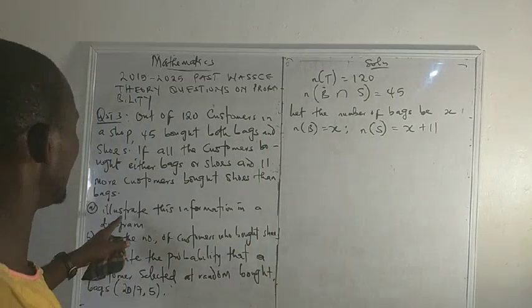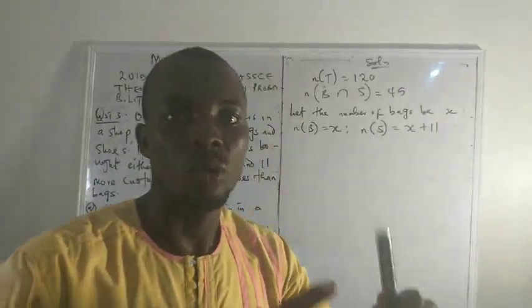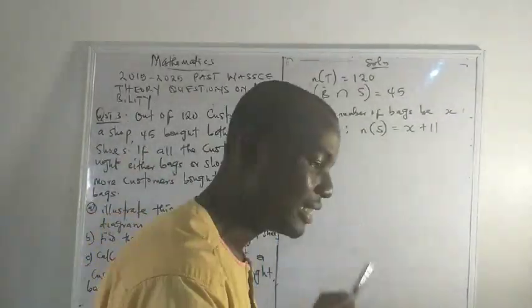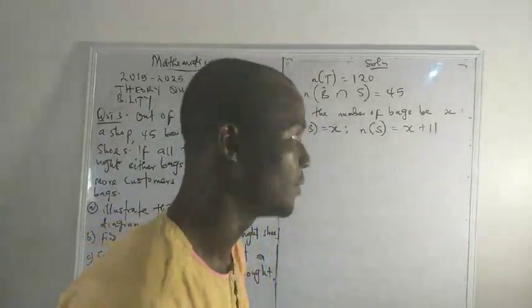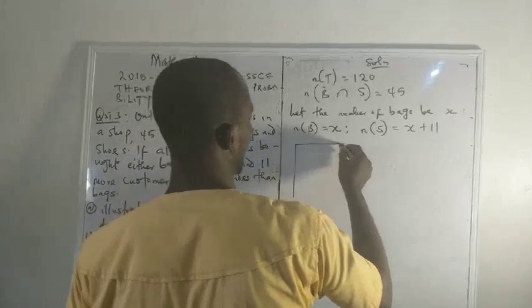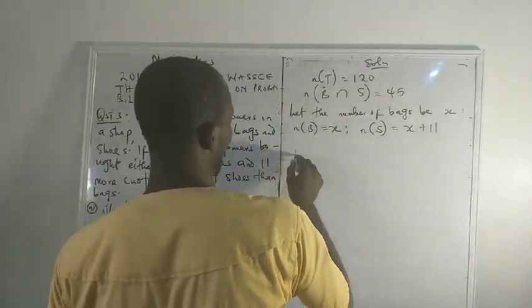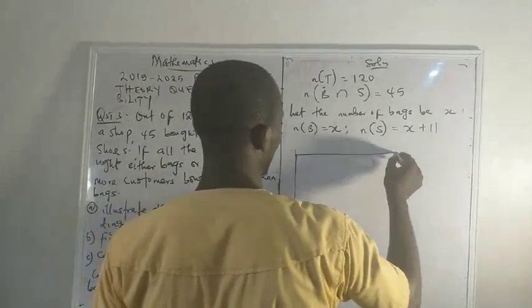Now, the question says we should illustrate this information in a diagram. What will come to your mind is this is a Venn diagram. So we are going to draw a Venn diagram. I want to adjust it downwards.